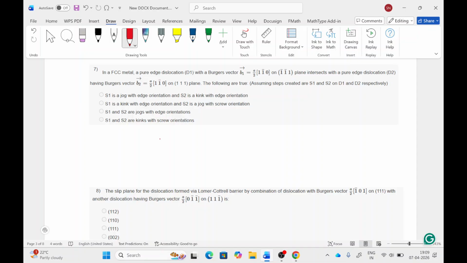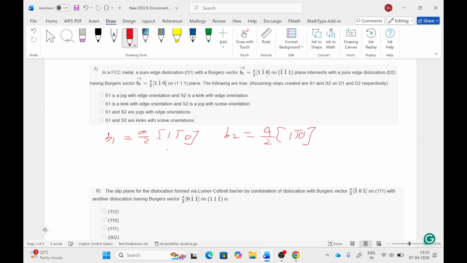So we have to find which option is correct. From seeing the Burgers vectors and planes, B1 is a/2 [1 bar 1 0] and B2 is the same, a/2 [1 bar 1 0].